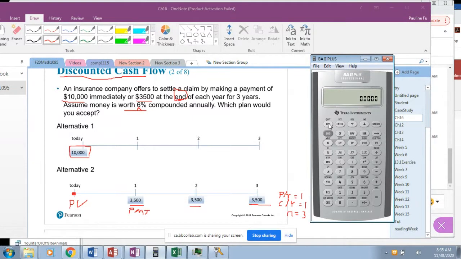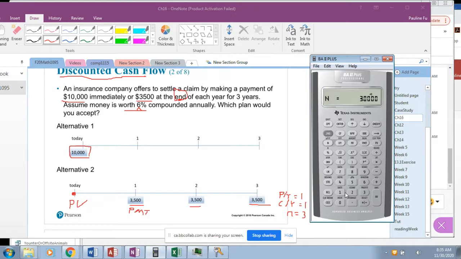Second quit. And then enter 3,000 as the FV. $500 negative is PMT. 6 is IY. 3 is term N. Always remember you need to enter 4 numbers.